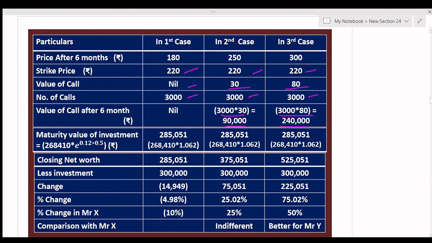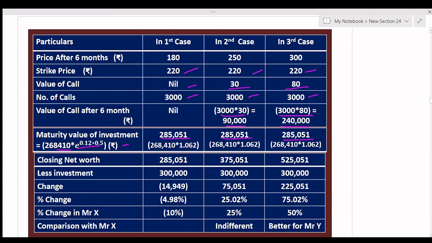Maturity value of investment is equal to 2,68,410 into e to the power RT. That is equal to 2,85,051. Here it will be 2,85,051 and here it will be 2,85,051.